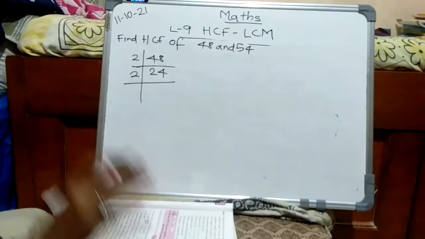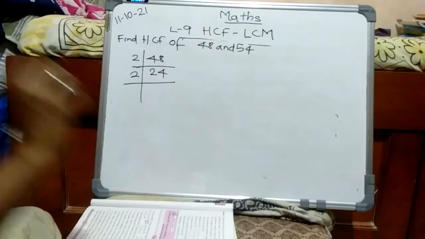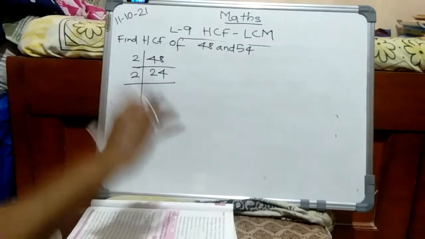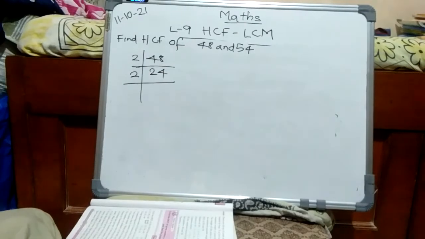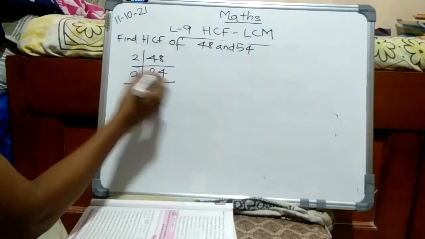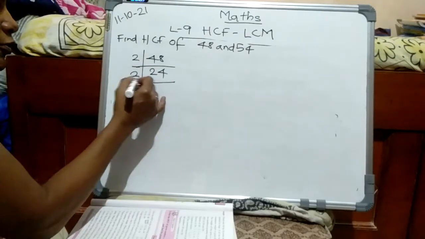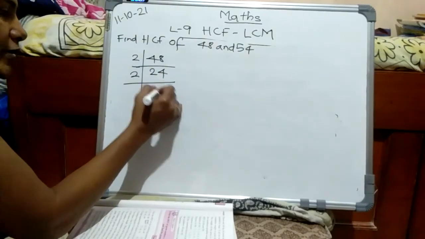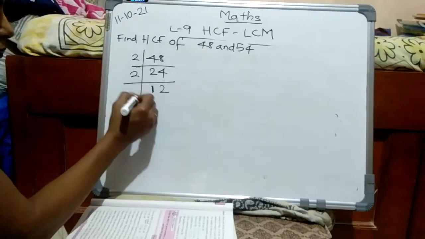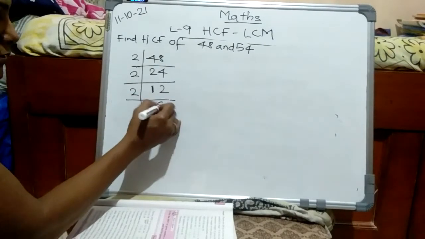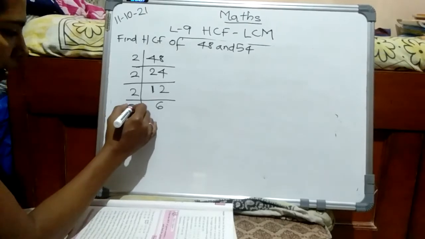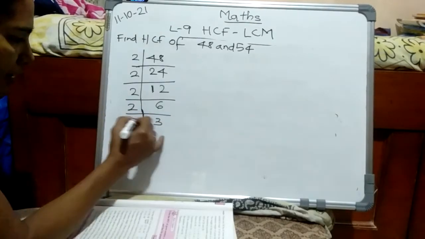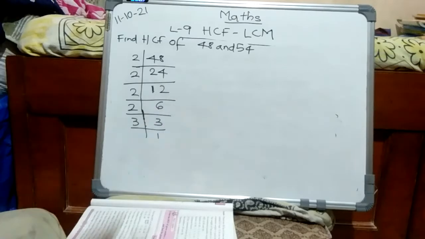And it is the very easiest method by which you can find the HCF, common factors or LCM, anything else. We have already discussed in LCM. We will be writing the common factors plus the uncommon factors. So 24. So 12, 2 1s are 2, 2 2s are 4. Again it will go in 2 times 2. 2 6s are 12. Again 2, 2 3s are 6. And 3 1s are 3.